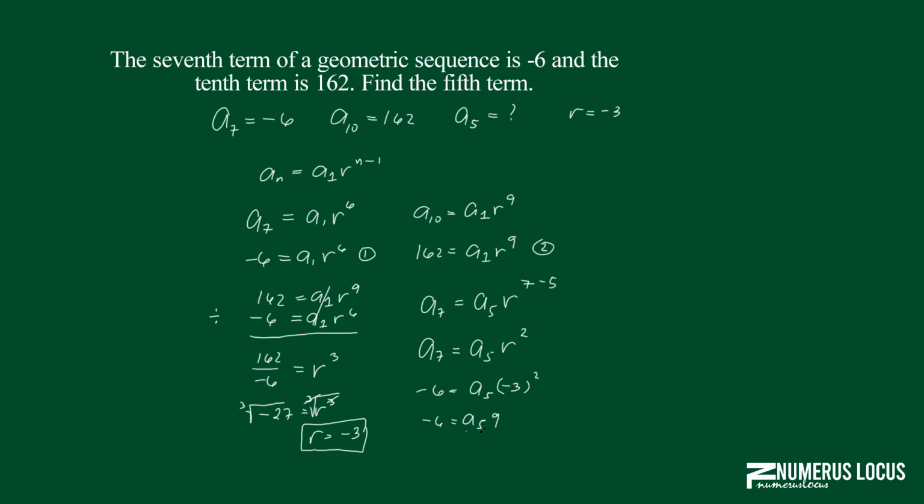So we have to divide both sides by 9. So a sub 5 equals -6 over 9, or -2/3. So therefore our a sub 5 is -2/3.